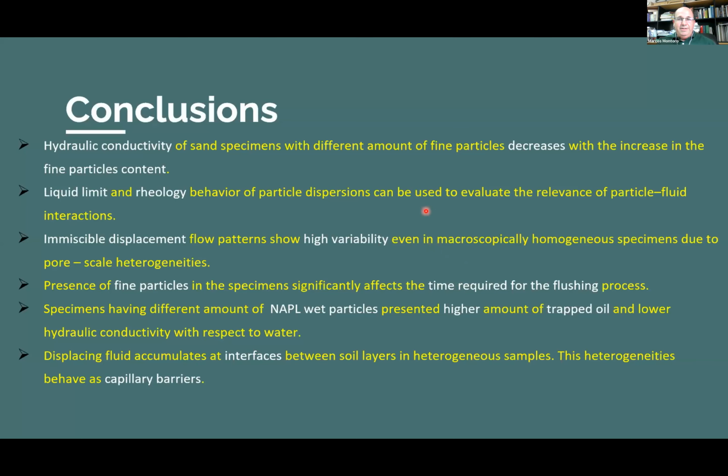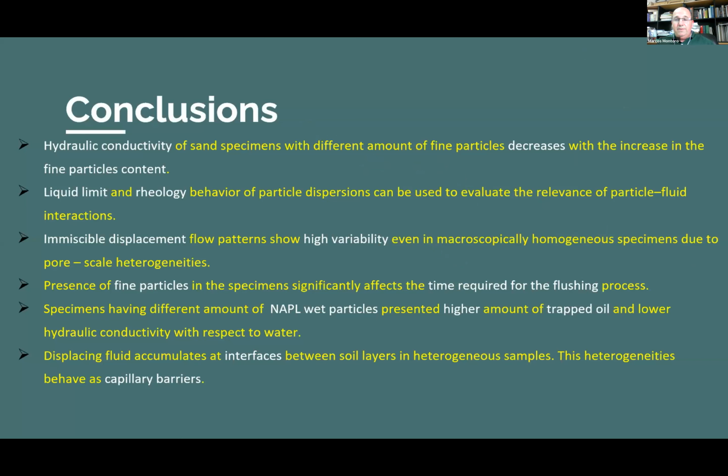Okay, for finishing this presentation, the main conclusions we arrived at with our research can be summarized as follows. The hydraulic conductivity of the specimens was found to be very different in specimens having different amounts of fine particles, and the hydraulic conductivity decreased with the increase in the fine particle content.